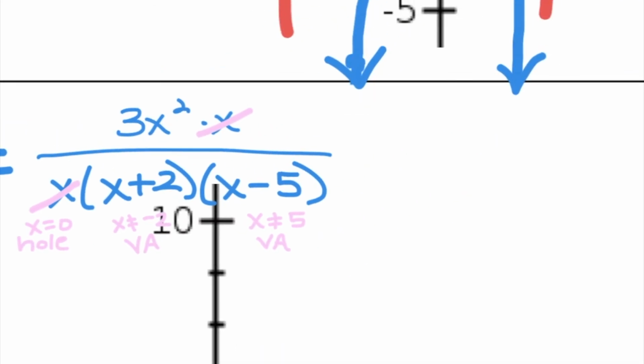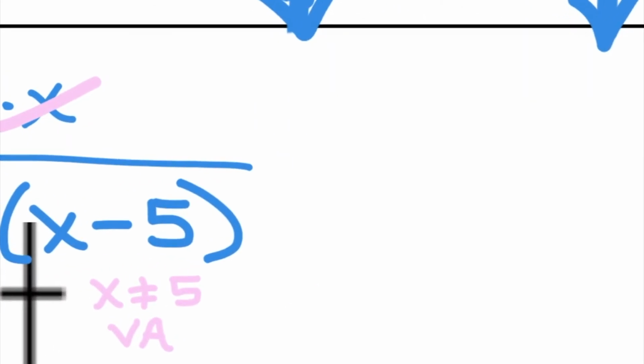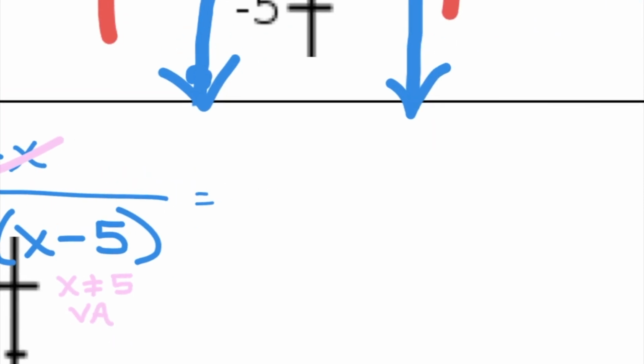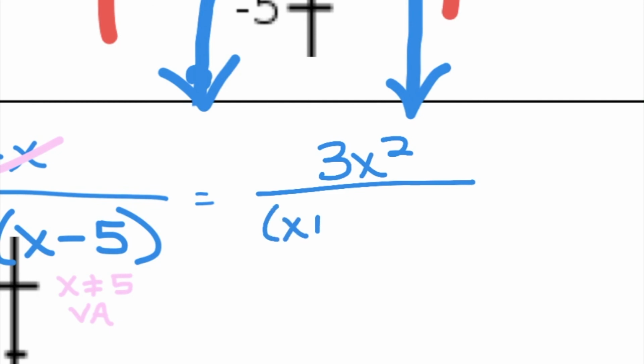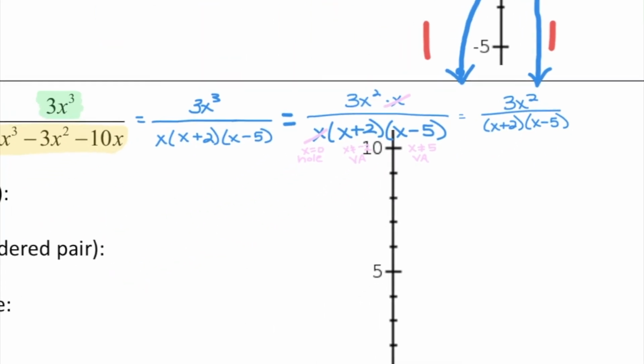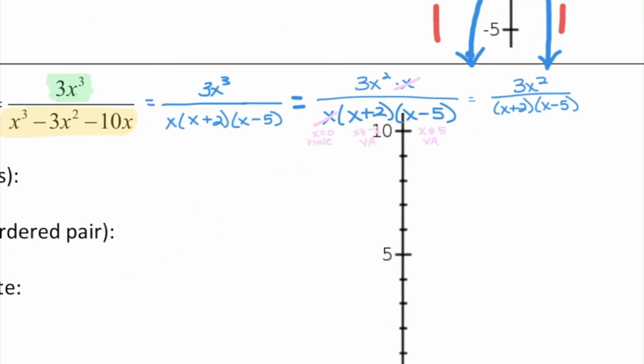And that my completely simplified form of the equation will be 3x squared over x plus 2 times x minus 5. So make sure that you track with my algebra there.